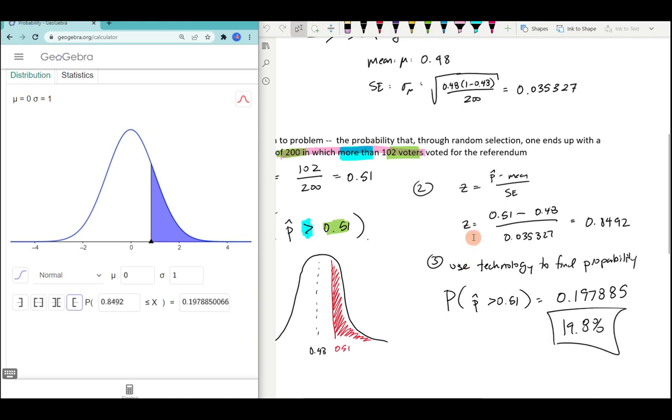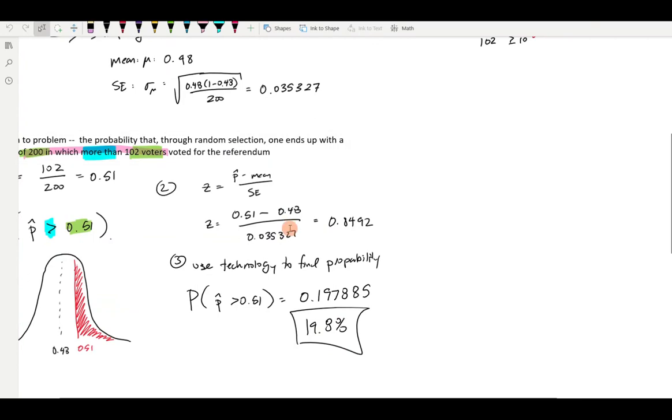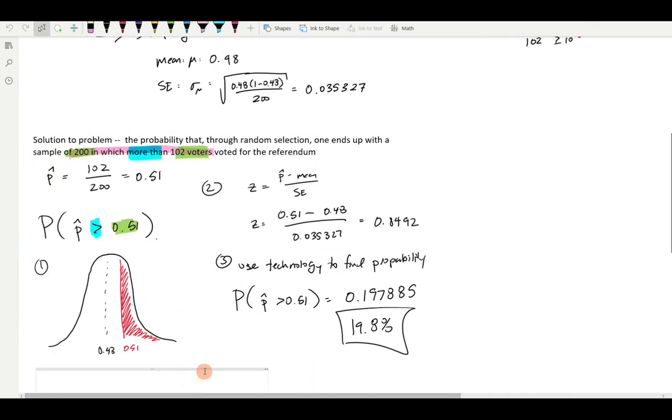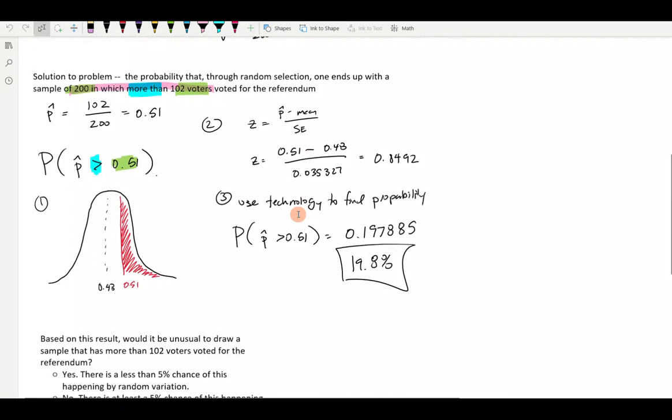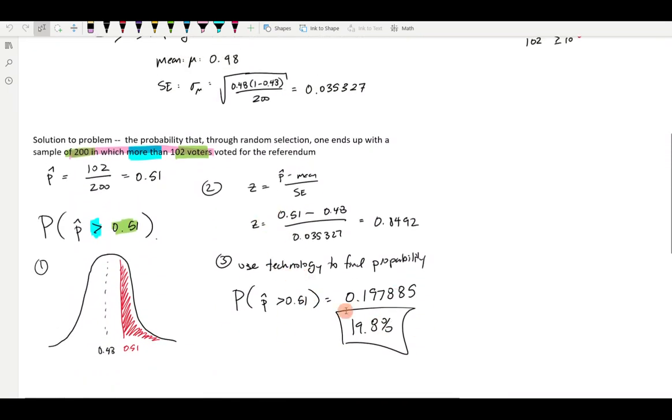What this means is that the probability that, just through random chance, I find myself with a sample of 200 in which 102 voters or more voted for this referendum, when I know that in fact 48% of the voters voted for the referendum, is about 20%. There's a 20% chance that this would happen by random chance.